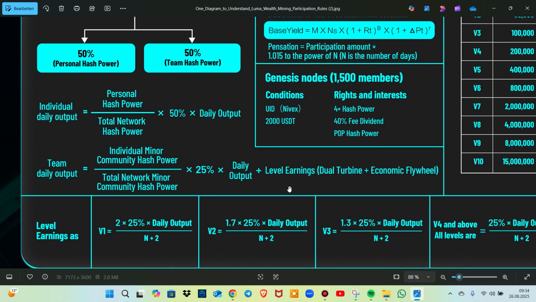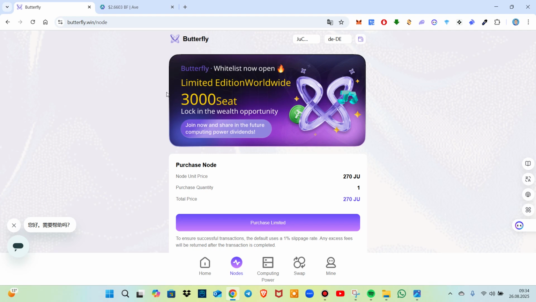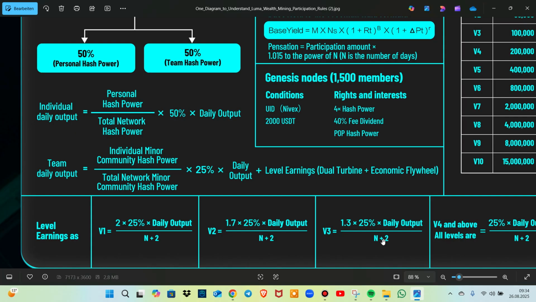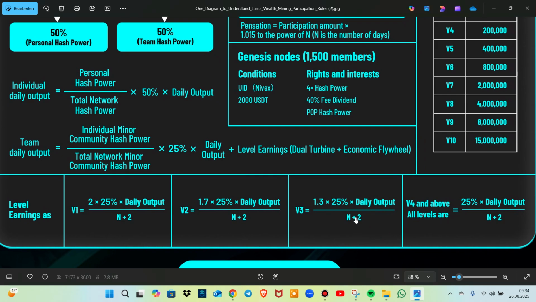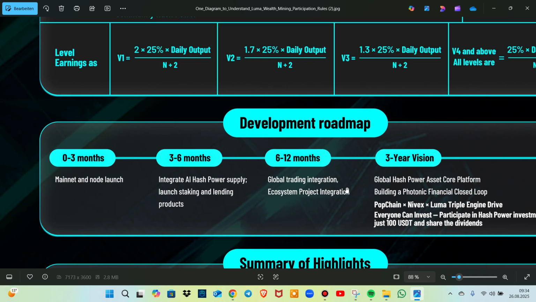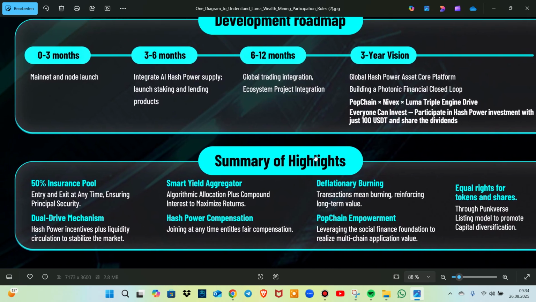But in this project here in Butterfly, there is an example that I can tell you. 500,000 of turnover will earn you like 5K per day. And here in Luma, we have 50% going into the community pool instead of the 30 like in Butterfly, right? So, yes, this is basically how it works.